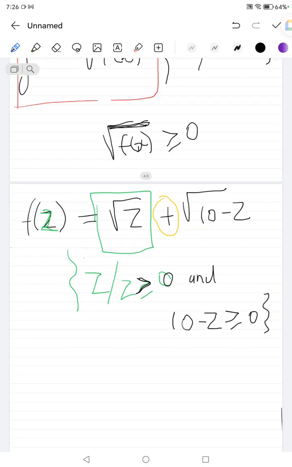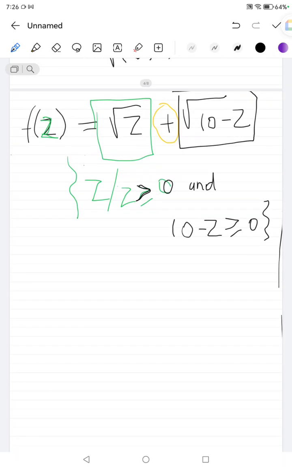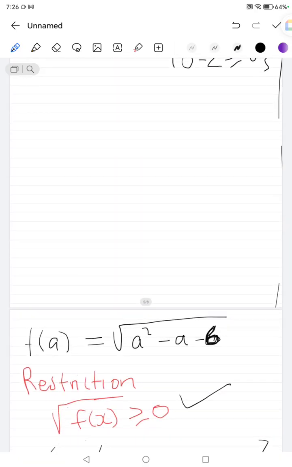So I'm using two different pens just to show the colors, just to show the difference: we've started with the one on the left, then now we're doing the one on the right. If you look at this side, you have your 10 minus z is greater than or equals to 0.